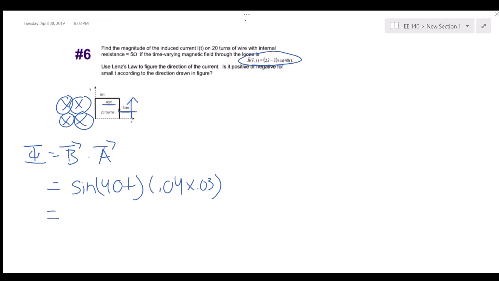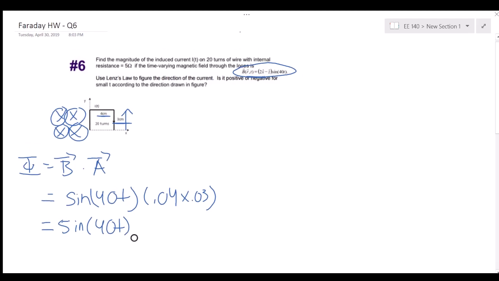And that would just be sine 40t times 0.0012. I'm just going to rearrange that, and that is our answer for the magnetic flux.